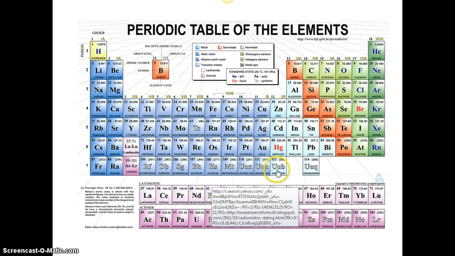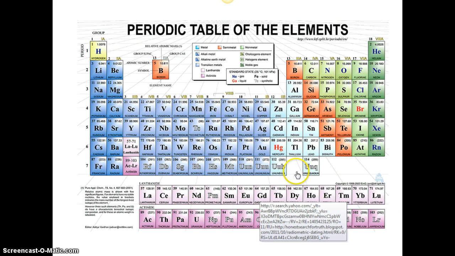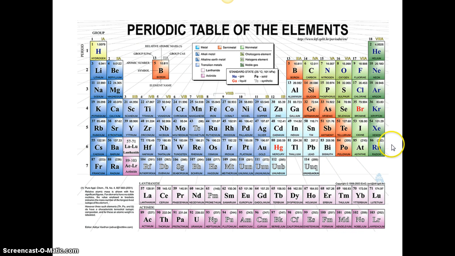You also notice between elements 112 and 114 some spaces for future elements as well. Some of these with triple letters have been discovered but haven't yet been officially put into the periodic table, so they're kind of pending, ready to go.